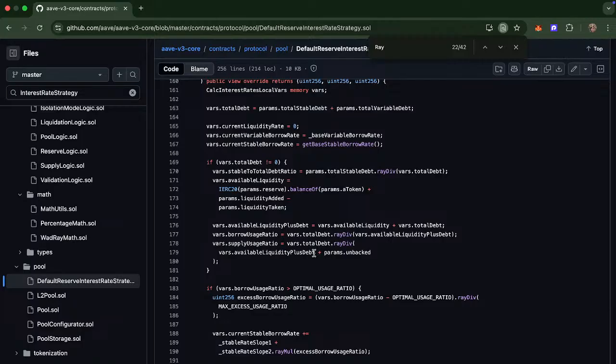Available liquidity. Balance of a token. Total balance plus total liquidity added. Variable available liquidity plus debt.